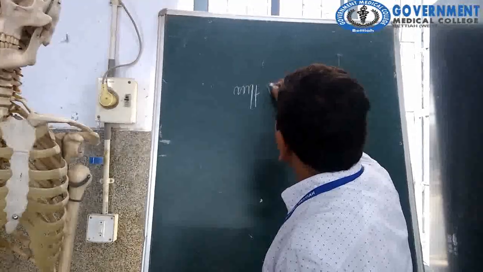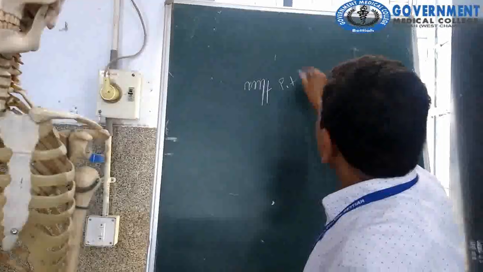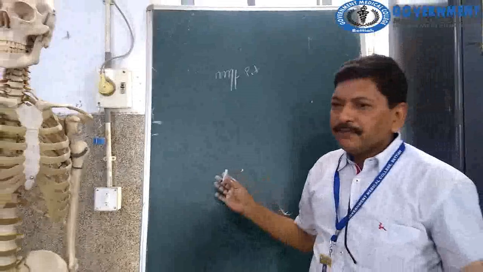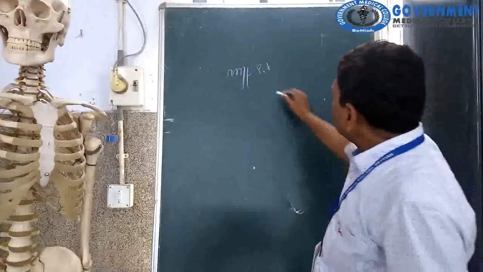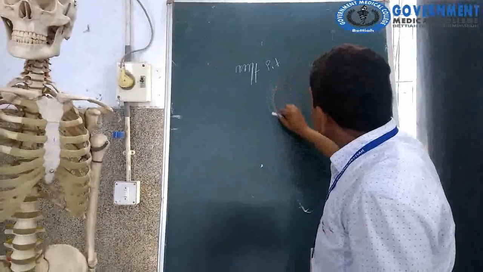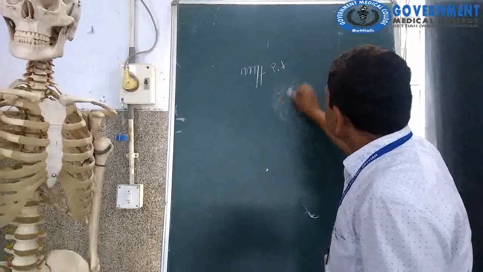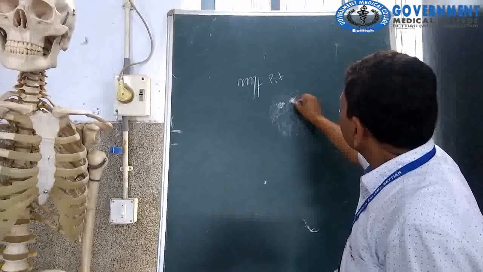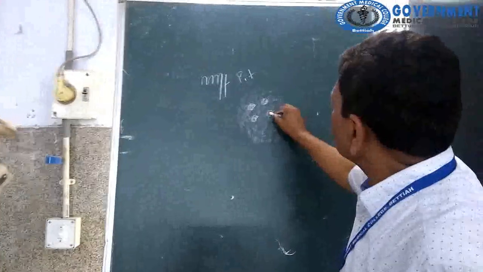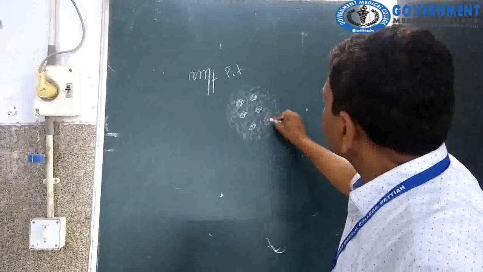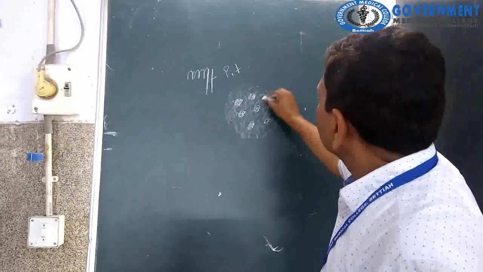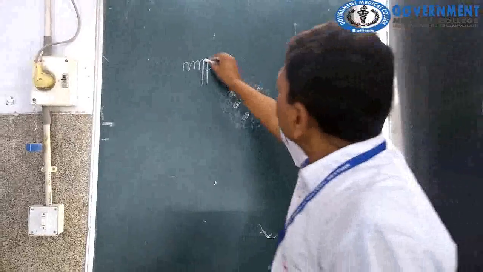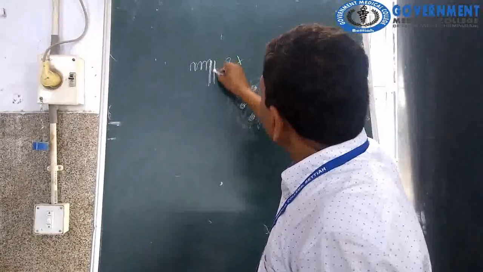This is called a pit. If we cut a stomach and examine its under surface, the pits look like this. This is called gastric pit in gross anatomy. Here, microscopically, this is the gastric pit.